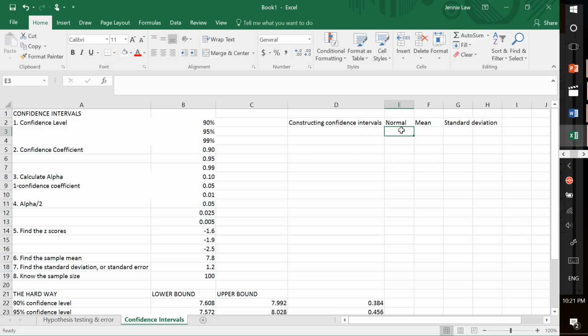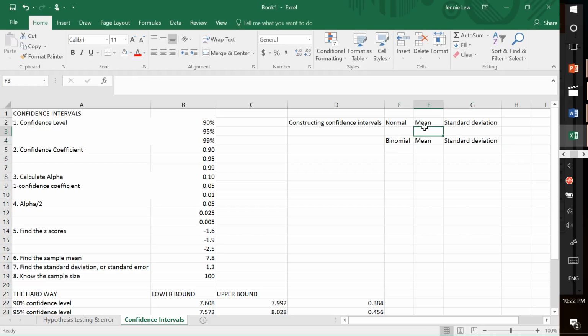So what happens when it's binomial, and in your homework you were told that you need to make your binomial approximate a normal? That means that you need to figure out the mean and the standard deviation of a binomial curve. So here, I'm just going to bring this down for a second.